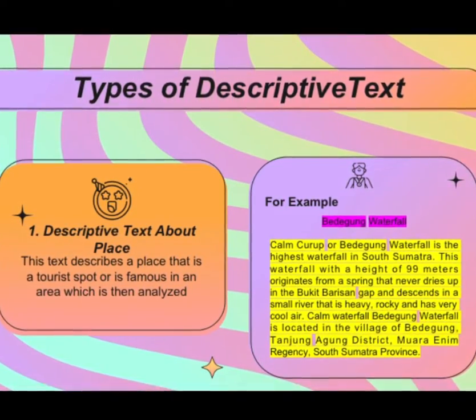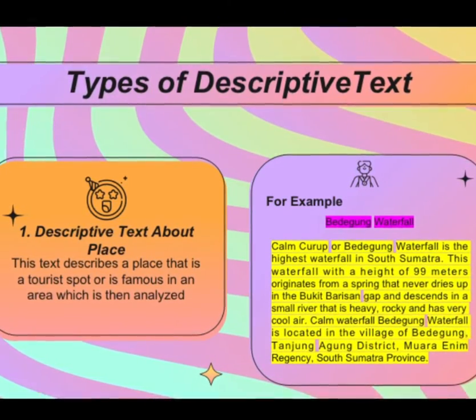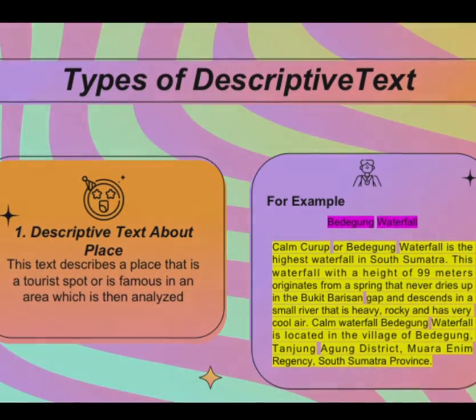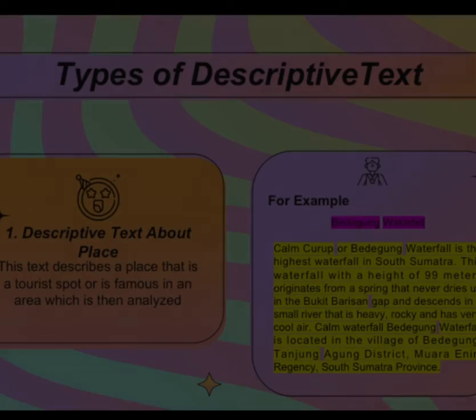Like the following example, namely a short descriptive text regarding cultural tourism spots in Muara Enim, namely the Bedagung Waterfall. Curug Tenang or Bedagung Waterfall is the highest waterfall in South Sumatra.